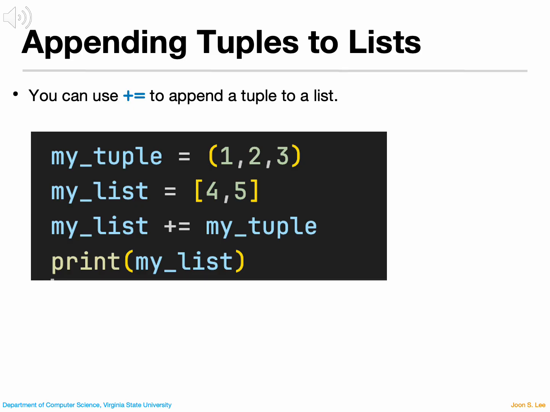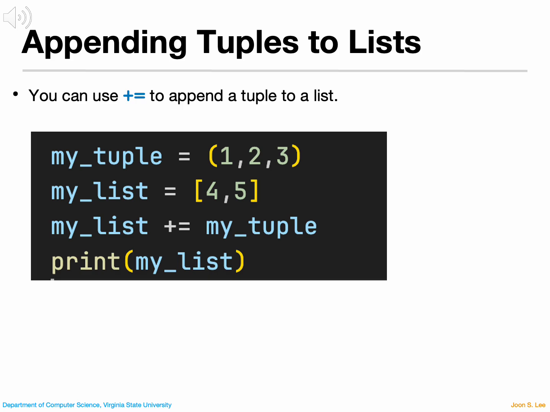Even though tuples themselves are immutable, we can still use them with lists, which are mutable. In this example, we start with a tuple called my_tuple containing 1, 2, 3, and a list called my_list containing 4, 5. When we use the plus equals operator, Python takes each element of the tuple and adds it to the list one by one.